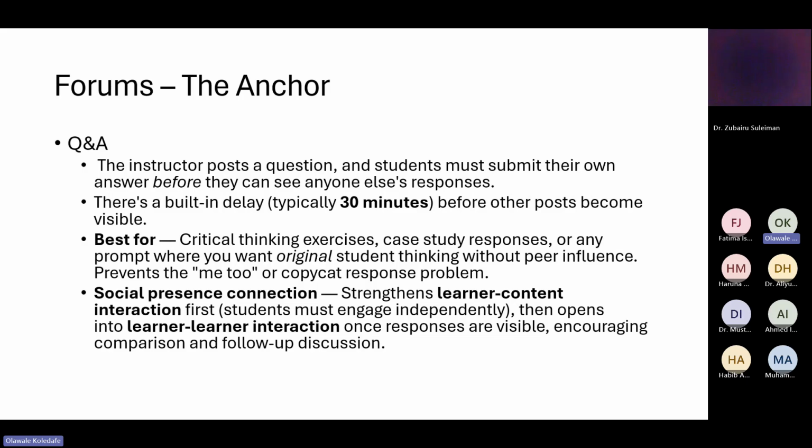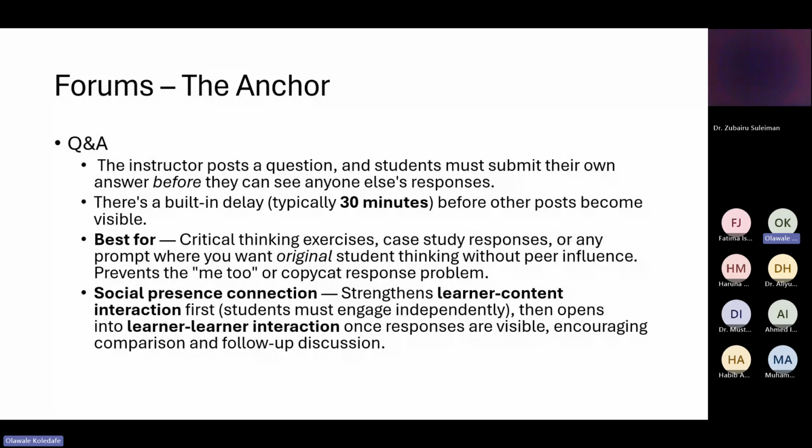Someone has said something, then when you ask others, they say, that's exactly what I want to say, I agree with him. Or they repeat what someone has said in their own words. Even that is still a good thing to do. But the copycat response problem has been mitigated by the question and answer forum.